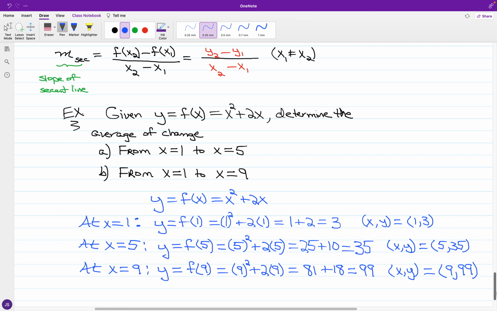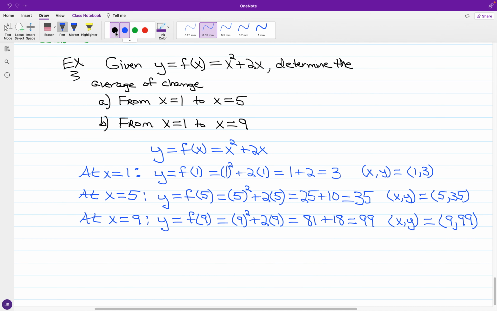Now, for the average rates of change, just going between the x values from x equals 1 to x equals 5, what you're looking at essentially is going from one point to the next, from 1, 3 to 5, 35.